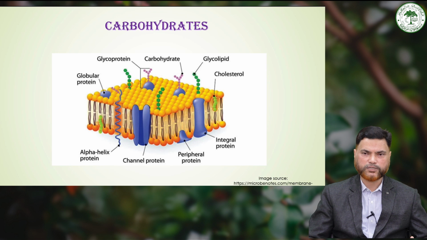Once bound to lipids, they are known as glycolipids. The carbohydrate chain may consist of 2 to 60 monosaccharide units and can be either straight or branched. You see how these glycoproteins and glycolipids are attached to the lipid bilayer.